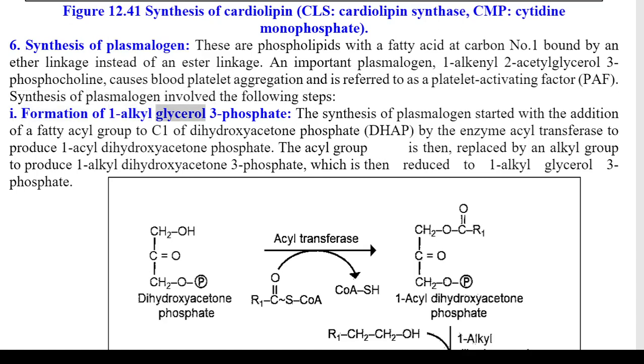Formation of 1-alkyl-glycerol 3-phosphate. The synthesis of plasmalogen starts with the addition of a fatty acyl group to C1 of dihydroxyacetone phosphate, DHAP, by the enzyme acyltransferase to produce 1-acyl dihydroxyacetone phosphate. The acyl group is then replaced by an alkyl group to produce 1-alkyl dihydroxyacetone 3-phosphate, which is then reduced to 1-alkyl glycerol 3-phosphate.